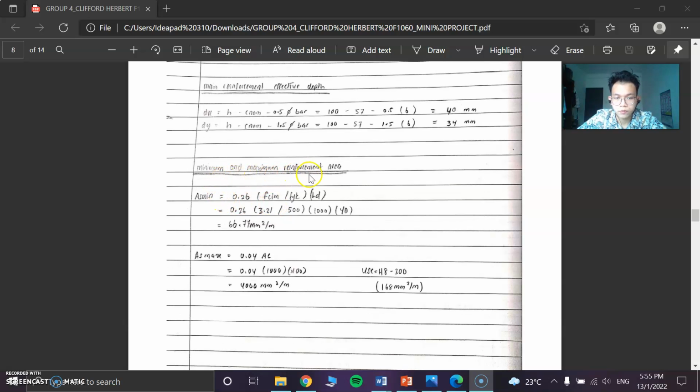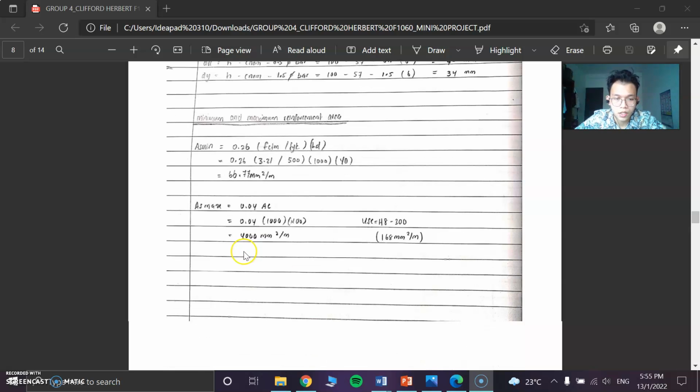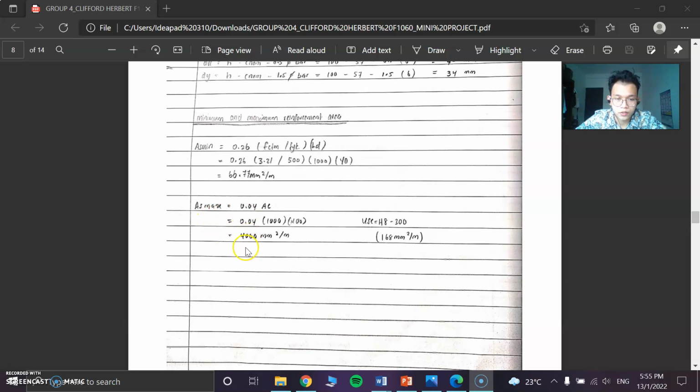Minimum and maximum reinforcement area, AS min, I've got is 66.77 millimeter square per meter, and AS max is 4000 millimeter square per meter. For AS min, I use H8 at 300, and that is 168 millimeter square per meter.